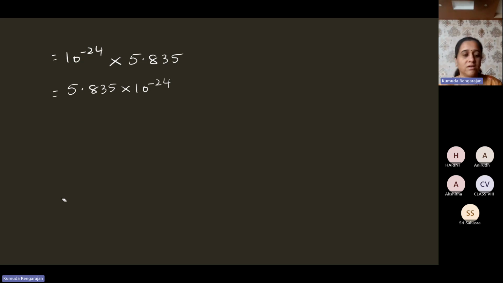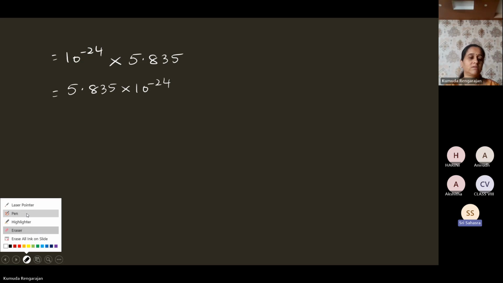For now, this one is already in the standard form because the first part should be a number between 1 and 10, and it is: 5.835 into 10 to the power of an integer, 10 to the power minus 24. Perfect. This is the answer.